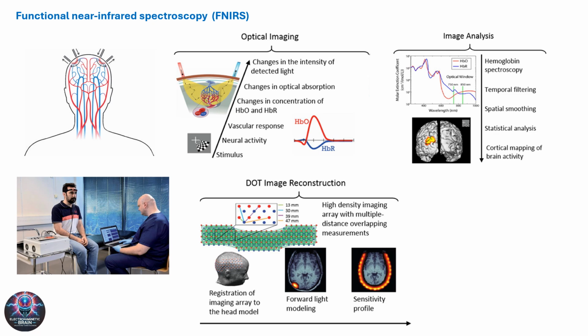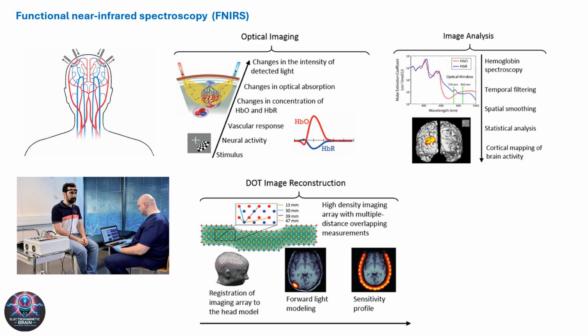fNIRS has several advantages, including its portability, safety, and relatively low cost, which makes it ideal for use outside the lab. The image in the bottom left shows a typical fNIRS setup, where the sensors are placed on the head to monitor brain activity. This setup is especially valuable in cognitive neuroscience research and is used in clinical environments, such as during rehabilitation, where real-time brain function can be monitored.